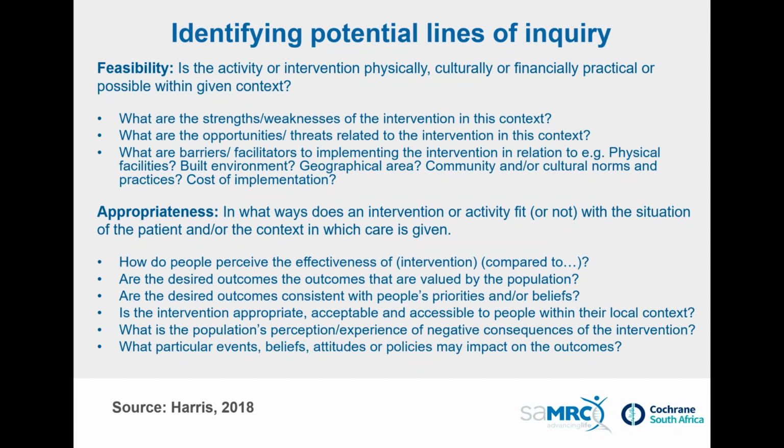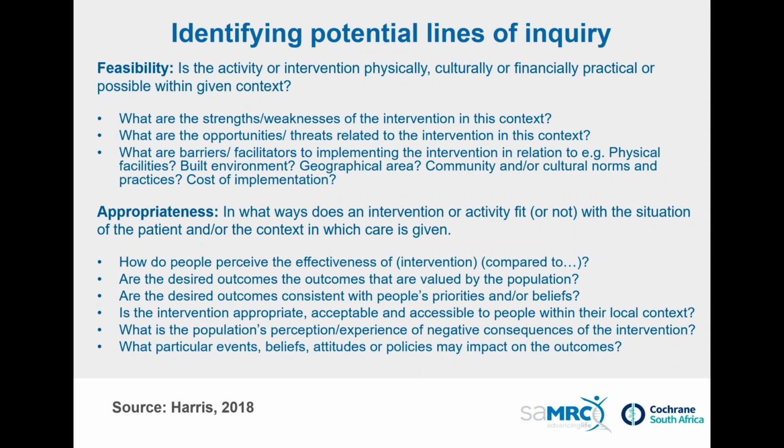And then you need to decide the specific question or questions you want to ask in relation to feasibility. These could include what are the strengths or weaknesses of the intervention in this context? What are the opportunities or threats related to the intervention in this context? What are the barriers or facilitators to implementing the intervention? So those are the kind of questions you'd explore around feasibility.